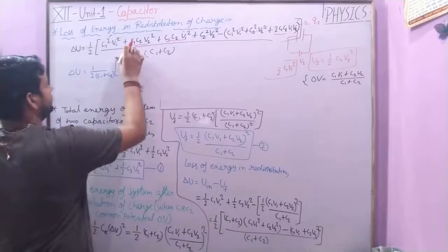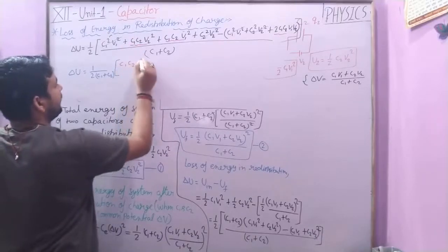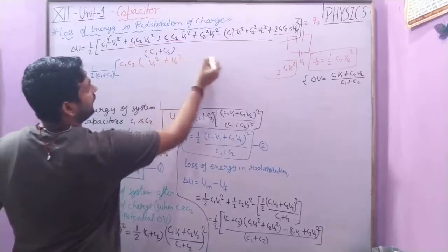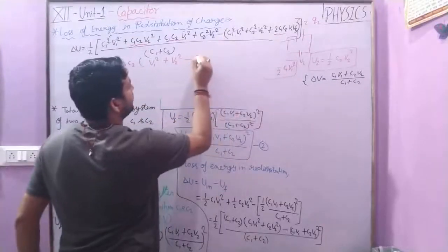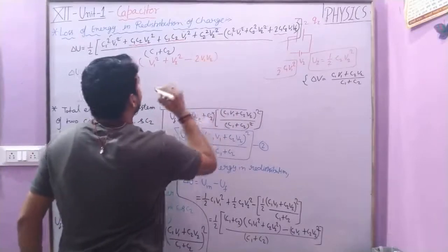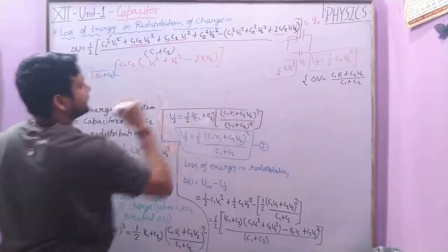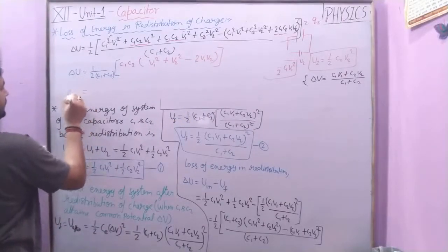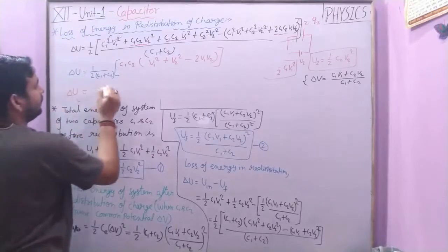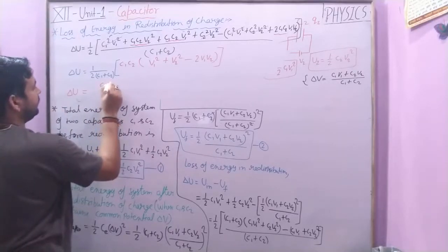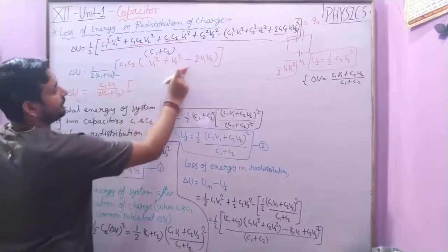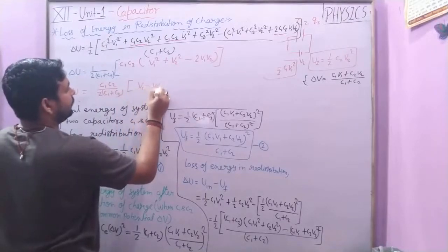We get C1 C2 as common and V1 square plus V2 square minus 2 V1 V2. Now we finally get C1 C2 upon 2 times C1 plus C2, and inside the bracket V1 minus V2.